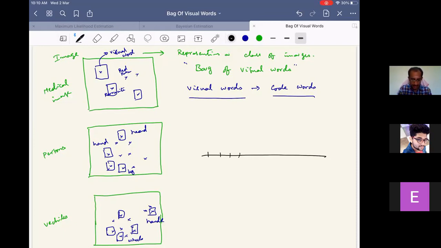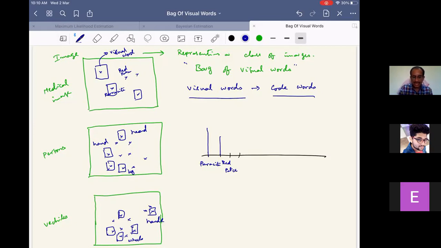For all medical images, the visual words of importance are, say, parasite location, as we discussed, and then red blood, red regions, and so on. These may be of importance in terms of medical images.